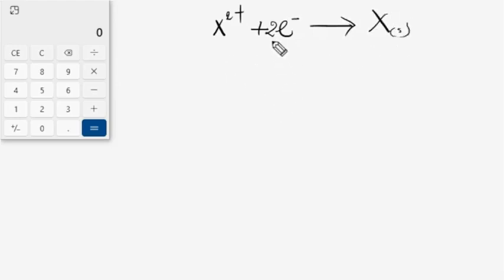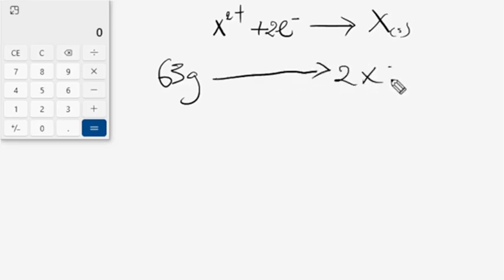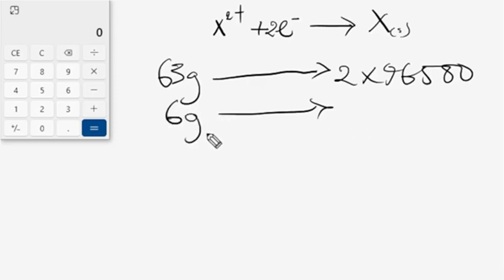So if this is the case, we are given the atomic mass of x to be 63, which indicates that 63 grams of x is going to require 2 times 96,500. So guys, I believe you should have been familiar with this by now. So the next question is, now what's the charge that will be required for the 6 grams of x?